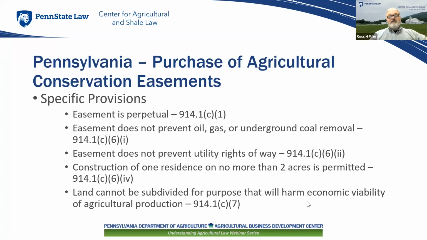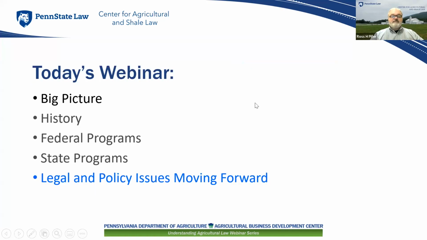When you look at some of the county programs, the other guidelines are going to provide a little bit more clarity on that. But the overall purpose is that the subdivision can't harm the economic viability. So we're putting this easement on the property. We want to make sure that you're going to be able to have this agricultural production well into the future.